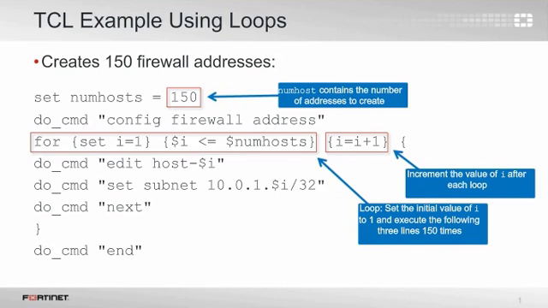Next, edit host-2, set subnet 10.0.1.2/32. Next, and so on until the last entry, edit host-150, set subnet 10.0.1.150/32. Next, end.